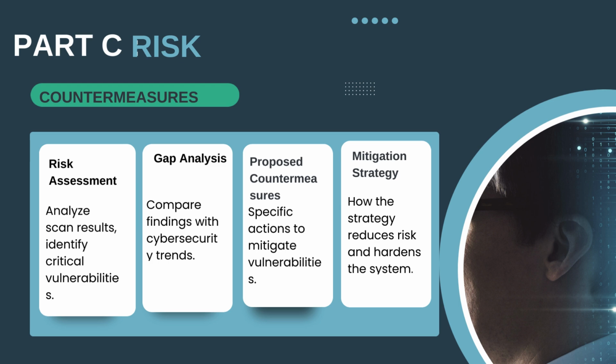Based on our analysis, we propose specific countermeasures to mitigate the identified vulnerabilities. These include applying security patches, adjusting system settings, isolating critical systems, and implementing intrusion detection systems. Our mitigation strategy aims to reduce the risk of exploitation and improve the overall security posture of the system.